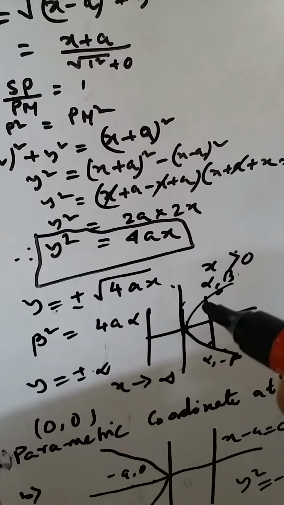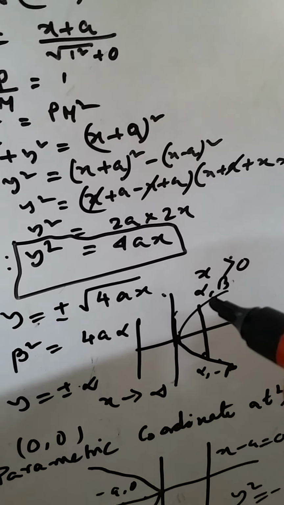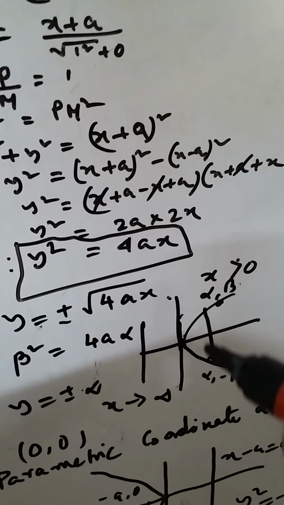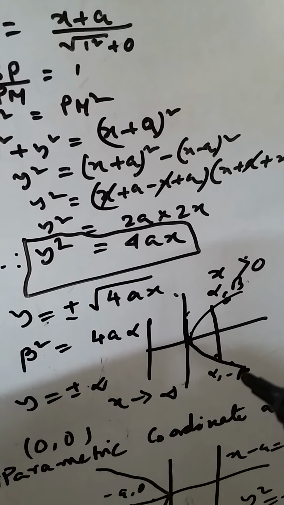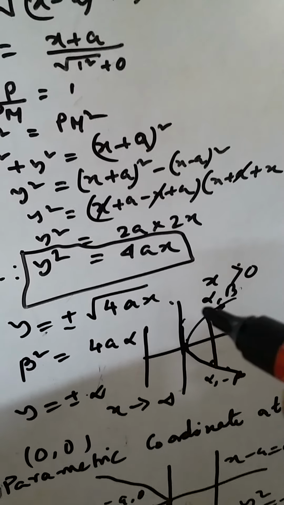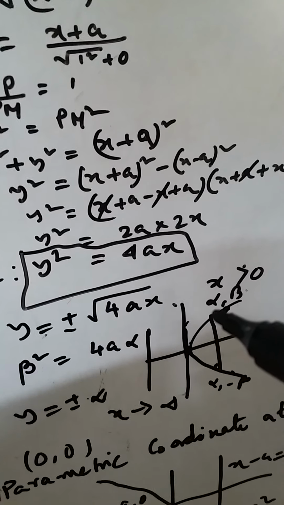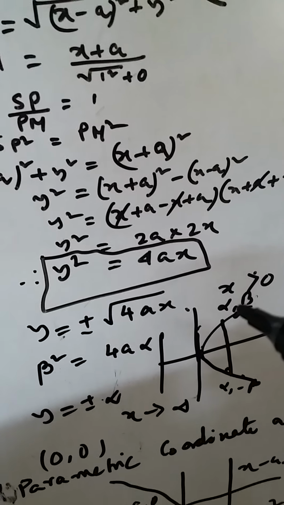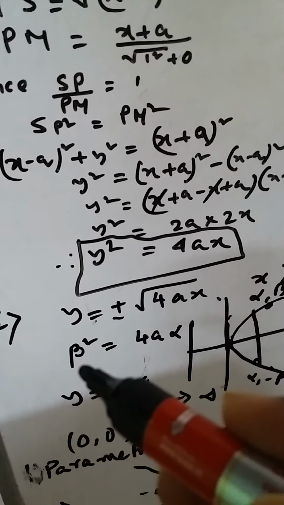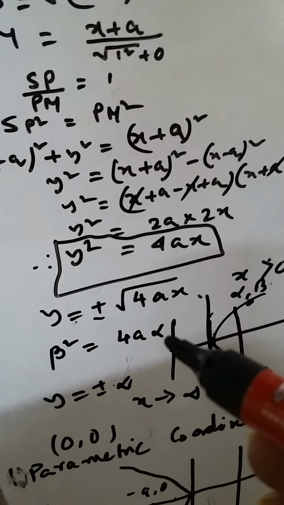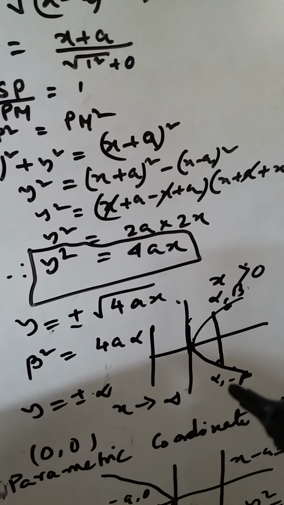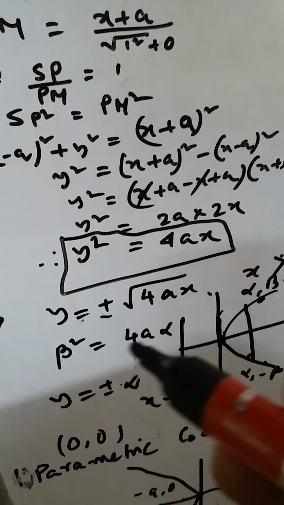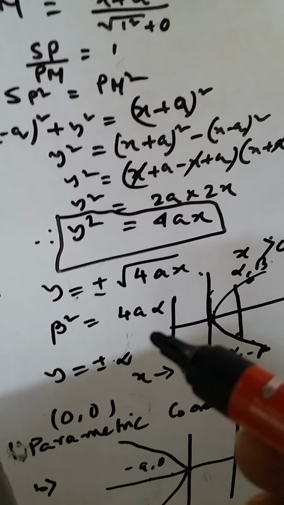Now, if alpha plus beta is the point above and alpha minus beta is the point below, if we put alpha plus beta, since alpha plus beta is a point on the parabola, it must be satisfied, so we get beta square equal to 4a alpha, and if we put alpha minus beta, it must be satisfied, so beta square equal to 4a alpha.